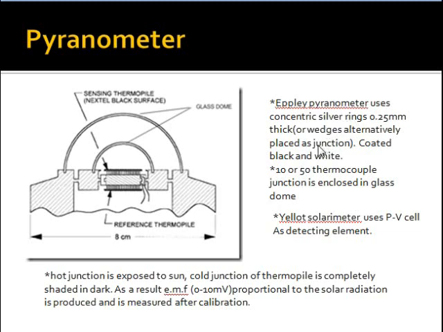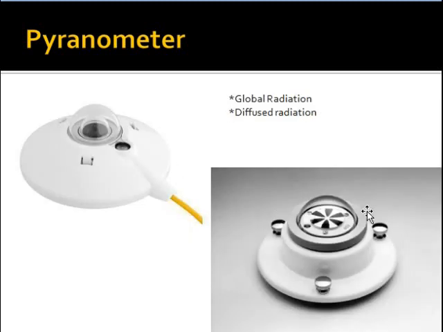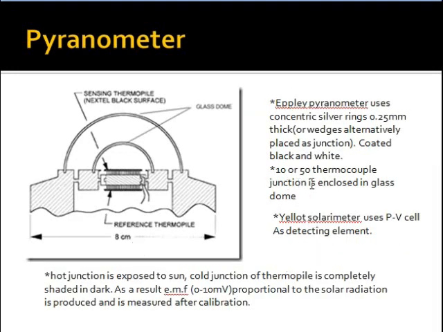Otherwise, there may be another arrangement with an alternate black and white pattern, which has junctions at the white and black locations. Usually 10 to 50 thermocouple junctions are enclosed inside the pyranometer dome. So this will give enough voltage to calibrate and give the reading of the solar radiation.